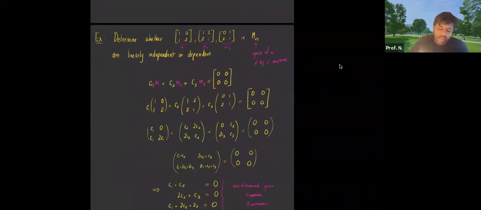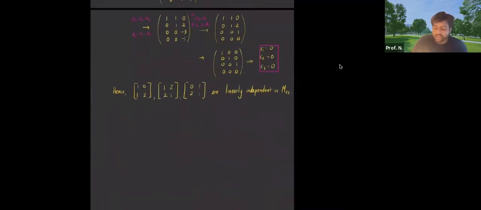So we just showed that the only linear combination of these matrices that gives me the zero matrix is if all the coefficients themselves are zeros. And because they're the only ones that are zeros, they form a linearly independent set of matrices in the space of 2 by 2 matrices.